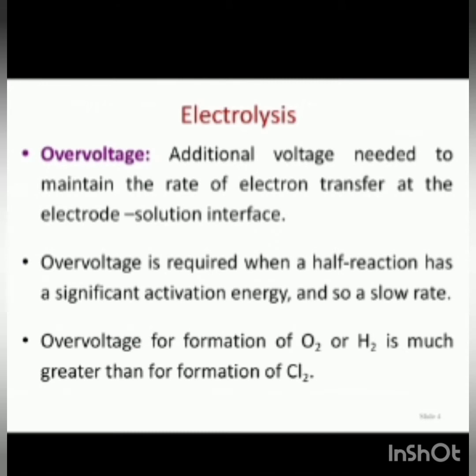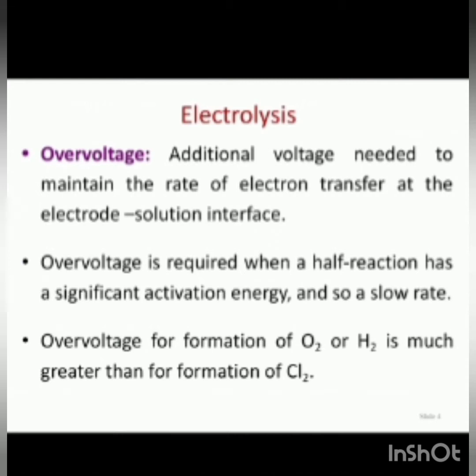Electrolysis and overvoltage. Overvoltage is the additional voltage needed to maintain the rate of electron transfer at the electrode-solution interface. But what do you mean by overvoltage?